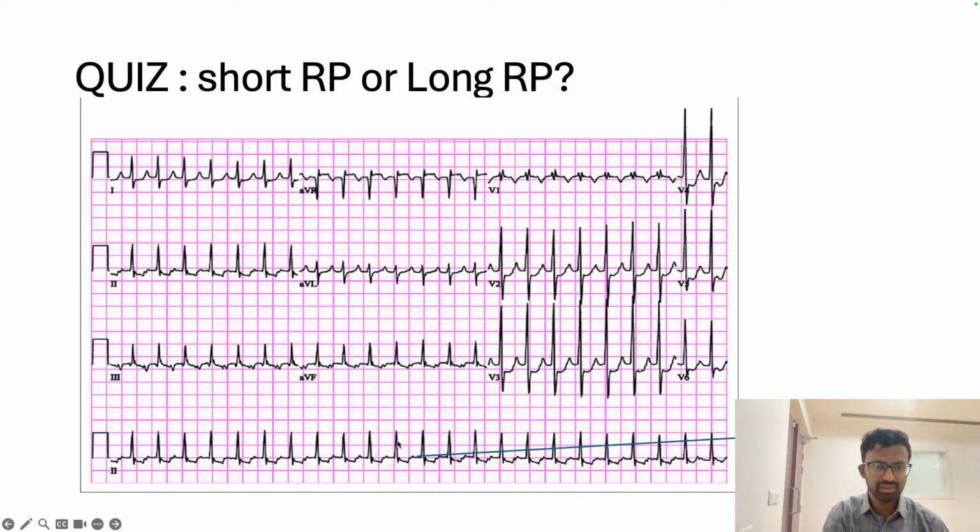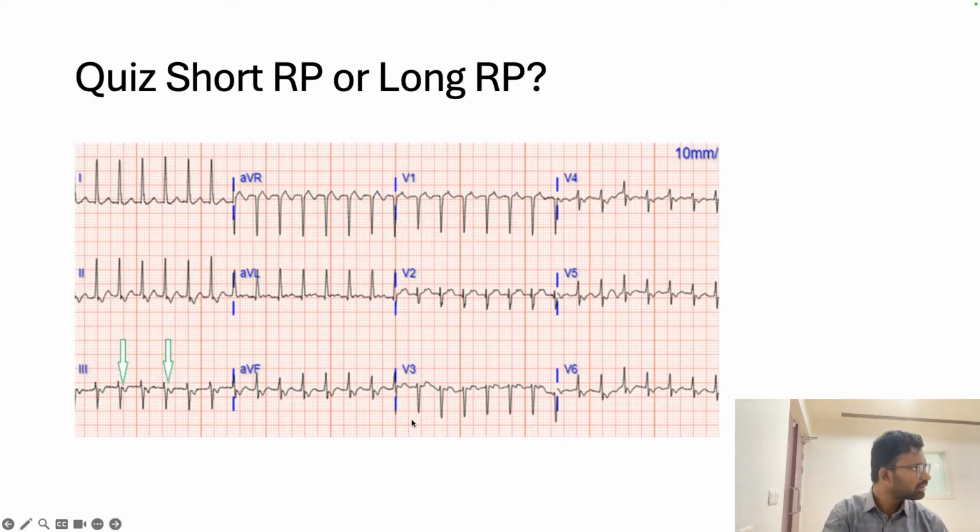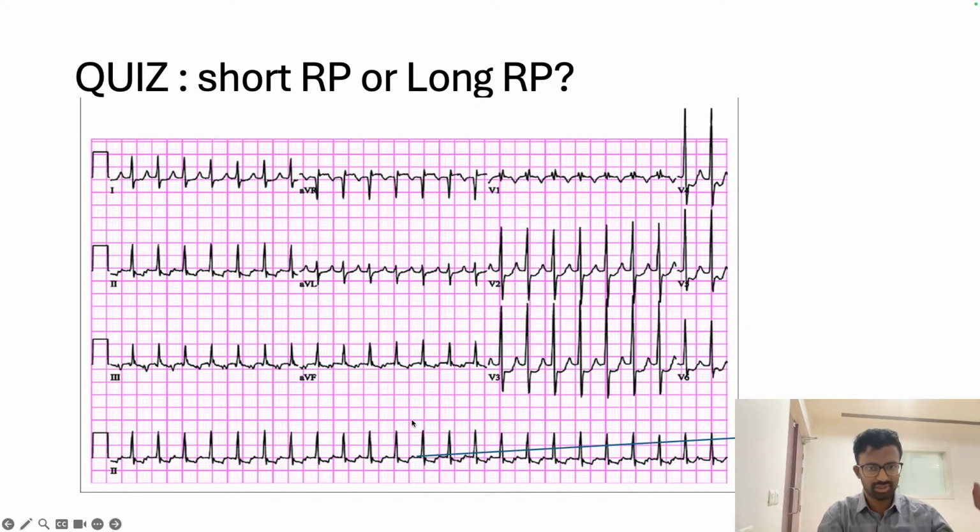If we take this as an R wave and this as a P wave, it is more than the small boxes, more than 200 milliseconds. It shows more than 160 to 170 milliseconds R to P interval. So this is a short RP tachycardia. Long RP, sorry, sir. Thank you for correcting me. It's a long RP tachycardia.